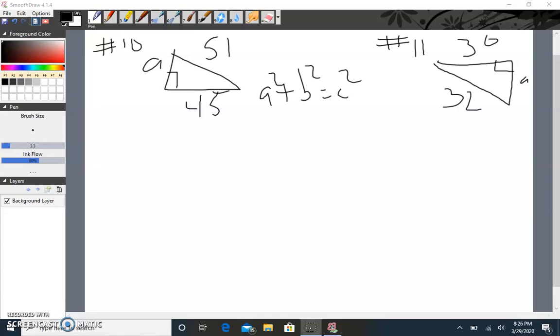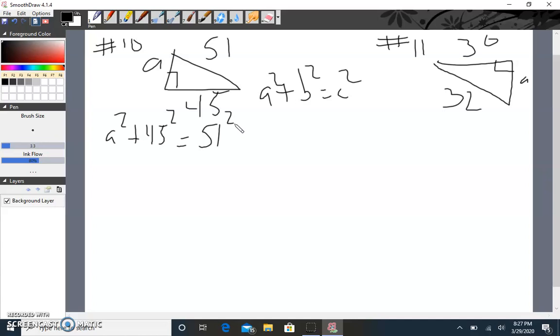Understand that the sides a and b do not matter which one to use, but it's labeled here, so we'll call that a. The side c has to be the hypotenuse, and the hypotenuse is going to be the longest side. So our side c out of number 10 here is going to be 51. So we set up our equation, a squared plus 45 squared equals 51 squared.